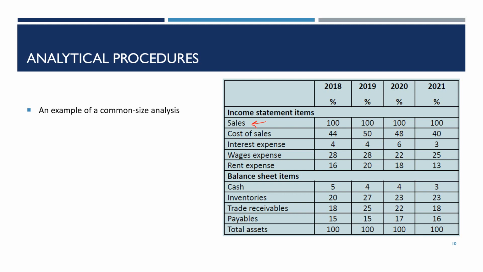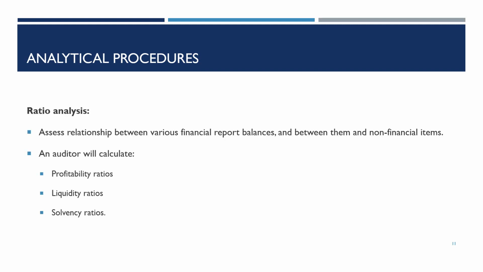There may be several reasons behind these changes, such as change in prices charged by suppliers, prices charged to customers, and/or quantity of goods on hand. In the balance sheet, the line item is total assets. You can see inventory level rose in 2019, then dropped, which may indicate a build-up of inventory on hand when sales dropped in 2019.